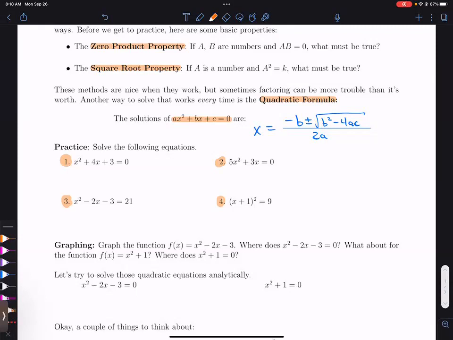Just do parentheses, type in all the stuff on top, close it, and then divide it by. Okay. Four times A times C should be fine. Yeah.